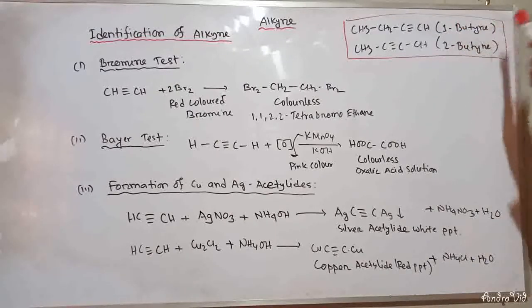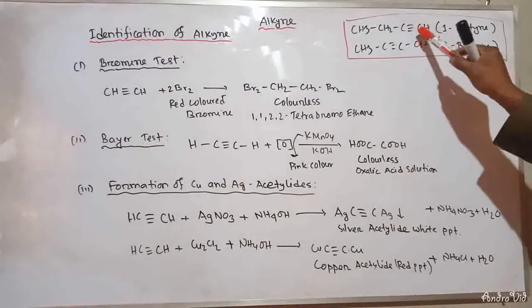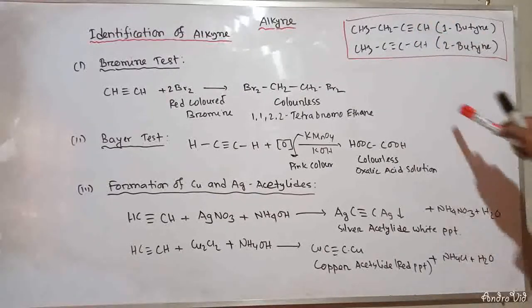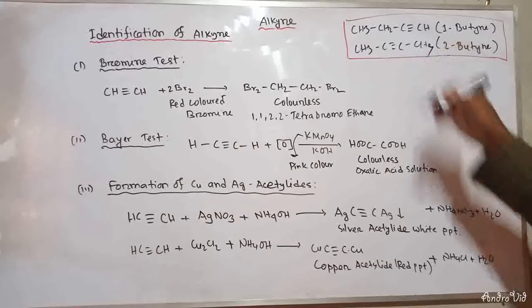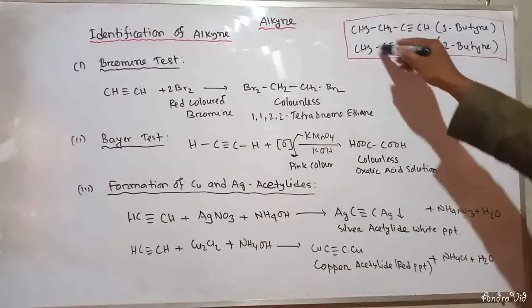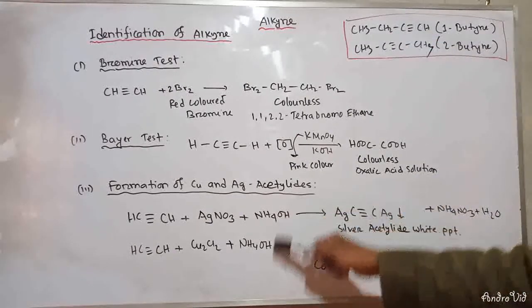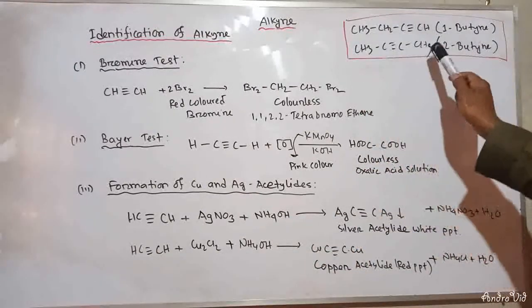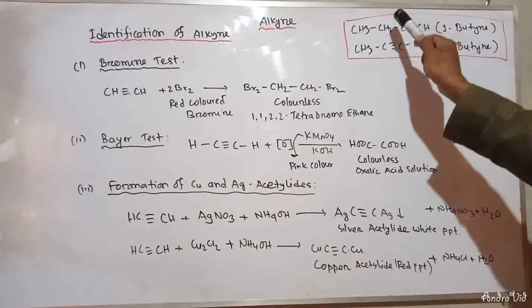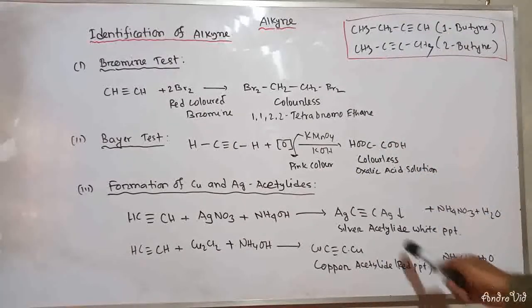Now I would like to say something about 1-butyne and 2-butyne. How can you differentiate 1-butyne and 2-butyne? Look at 1-butyne. There is a hydrogen atom present with this carbon. But in the case of 2-butyne, there is no hydrogen atom attached to the triple-bonded carbon. As it does not contain any hydrogen atom on the carbon, there is no chance of this type of reaction happening. So this compound cannot be identified by this reaction, but 1-butyne can be identified this way.